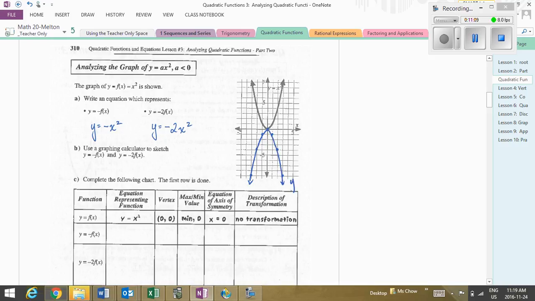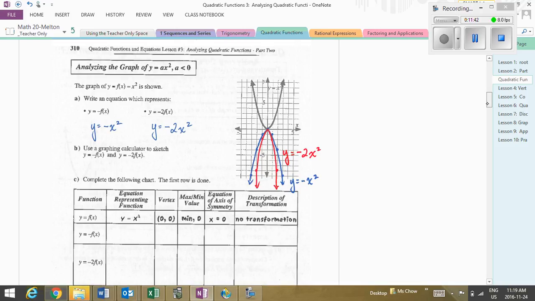So that is y is equal to -x squared. As soon as we put in the stretch factor of -2, so over 1 instead of down 1, we're down 2, and over 2 instead of down 4, we are down 8. And again, drawing that in, you can see that it does seem to get skinnier or stretched out, and so that red one is y is equal to -2x squared.